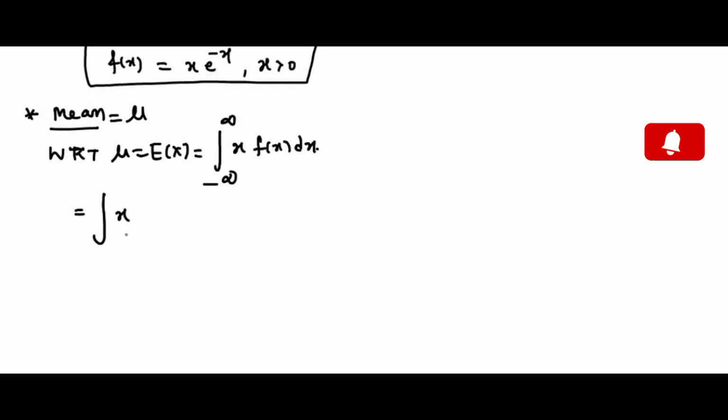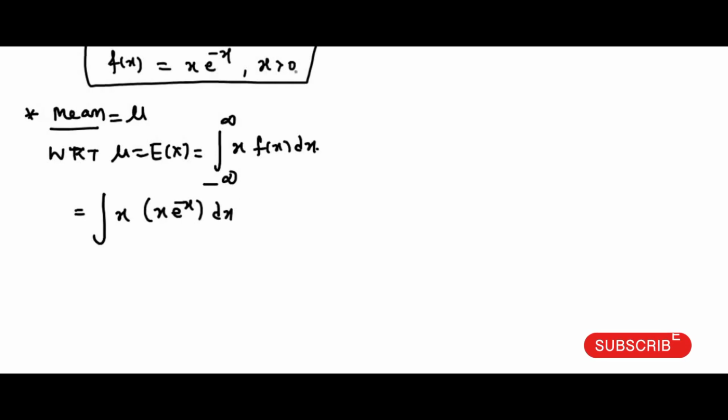That is x into e power minus x. So x into x e power minus x into dx. What is the limit? X greater than 0, so the lower limit is 0 and the upper limit is infinity. If we multiply the functions, we get the integration from 0 to infinity of x square into e power minus x into dx.